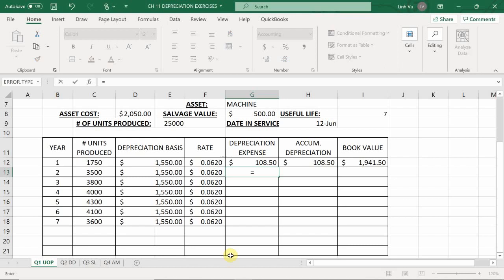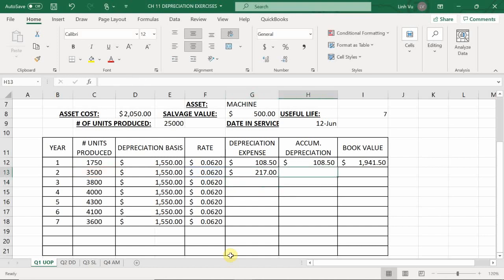The only difference here is going to be solving for the depreciation expense. Now that year 2 rolls around, we were able to produce 3,500 units for the second year. Once again, you're going to enter your formula: your rate times the units that you produced that year, comma 2. This time I got $217 for depreciation expense for year 2.